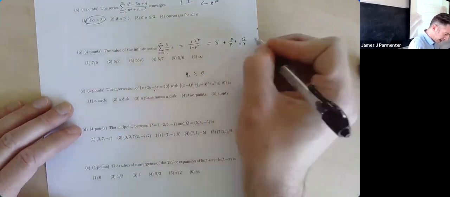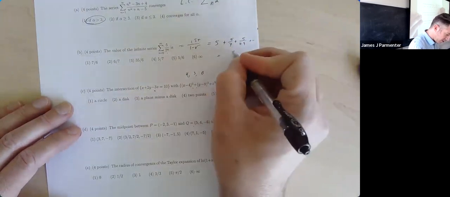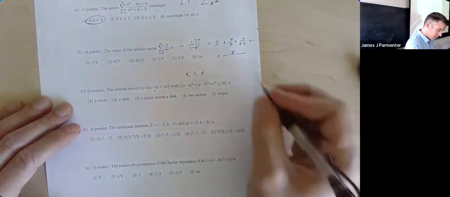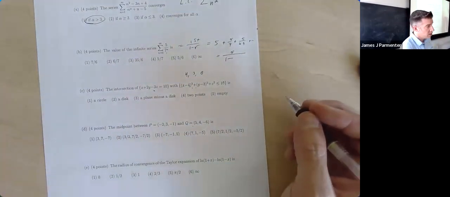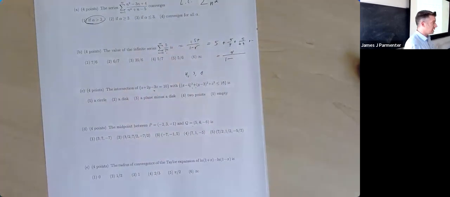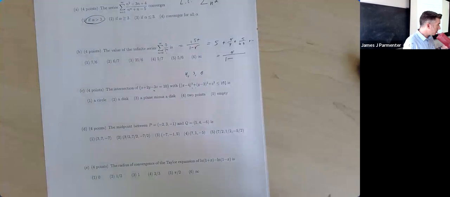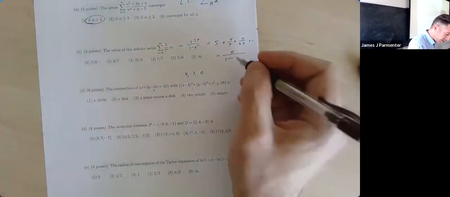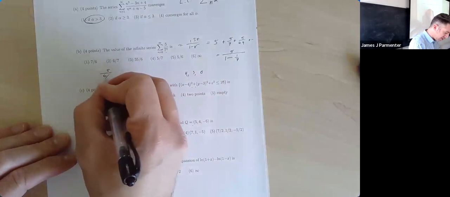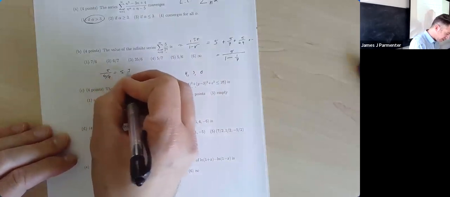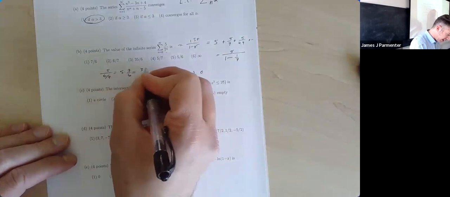So this is going to add up to the first term divided by 1 minus, what's my ratio? Not 5/7. So the ratio is what you're multiplying by each time to get to the next term. Exactly. Okay. So then this is going to be 5 over 6/7, which is 5 times 7/6, which is 35/6.